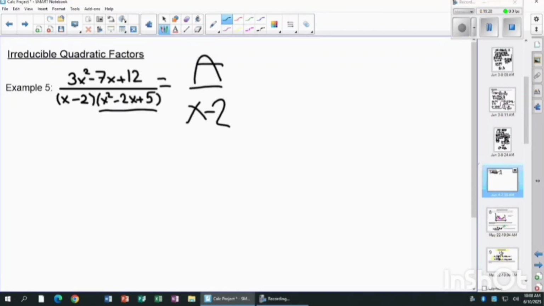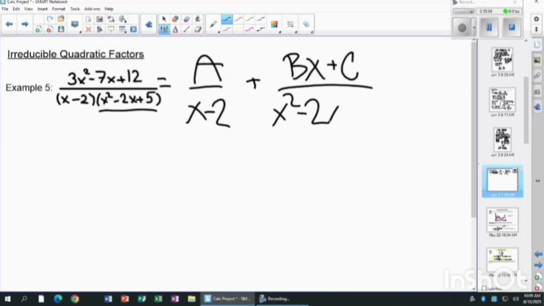You still have to assign the variables, but for the x squared minus 2x plus 5, remember that the numerator has to have a smaller power than the denominator. So if the denominator has x squared, the numerator has to have an x in it. So it would be bx, and then you have to include a plus c over x squared minus 2x plus 5.